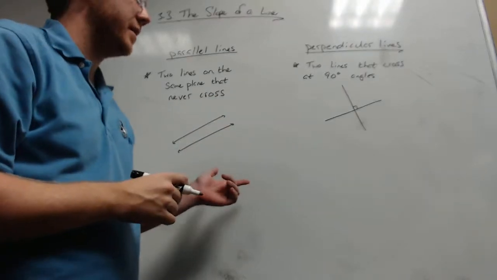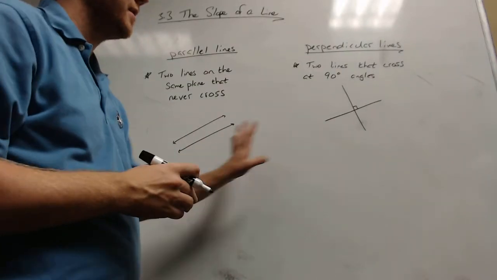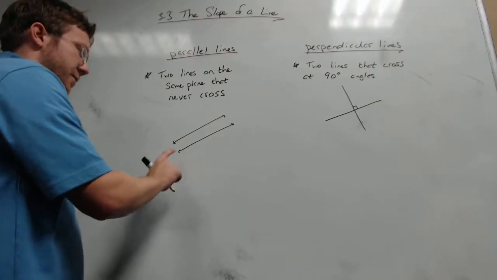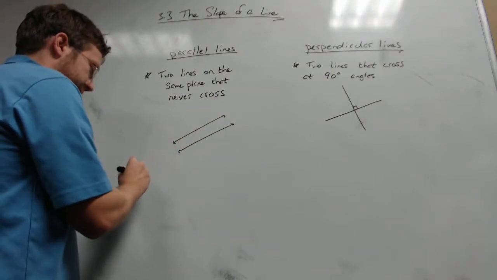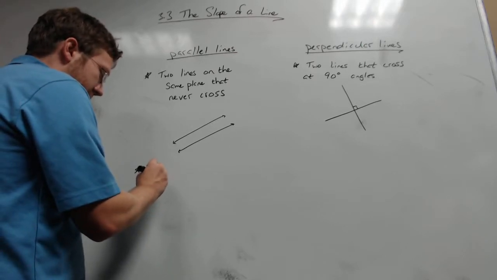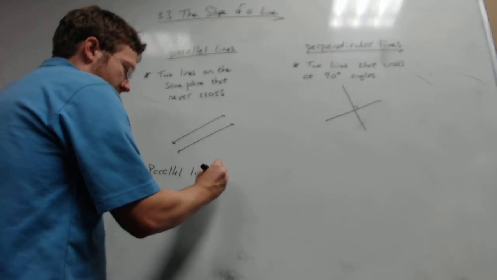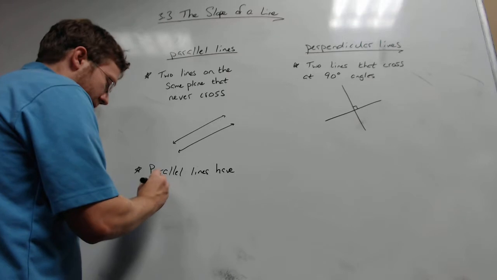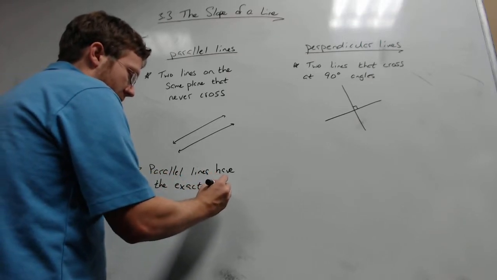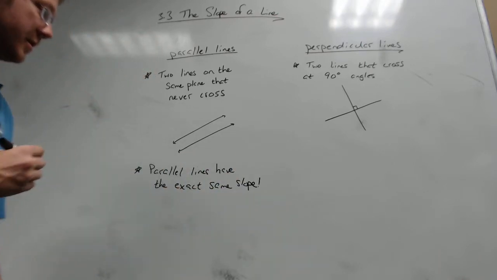And what does that mean for us in terms of slope? We can actually characterize and define these with our idea of slope. Parallel lines, if two lines are never going to cross, have the exact same slope.